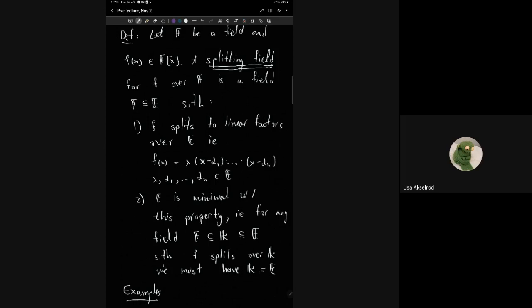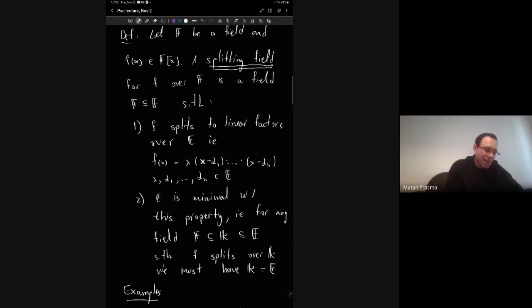My question is, will this E be the unique minimal for F? Well, we will show that splitting fields are unique up to isomorphism. But for now, we don't assume it.